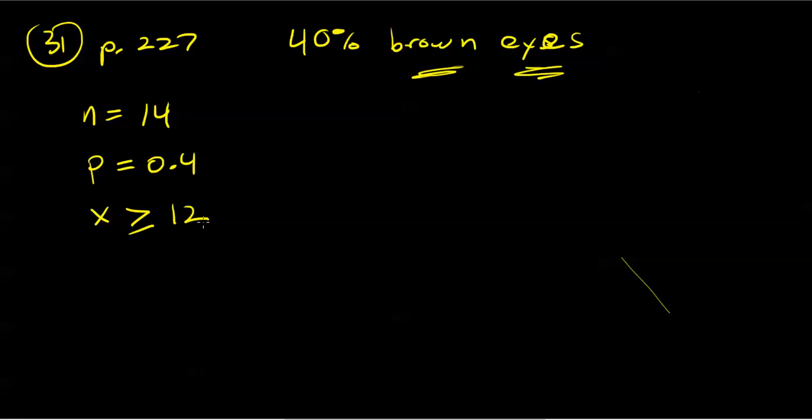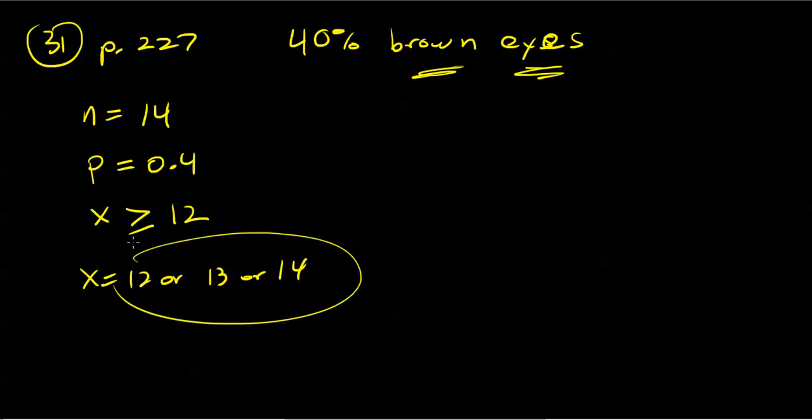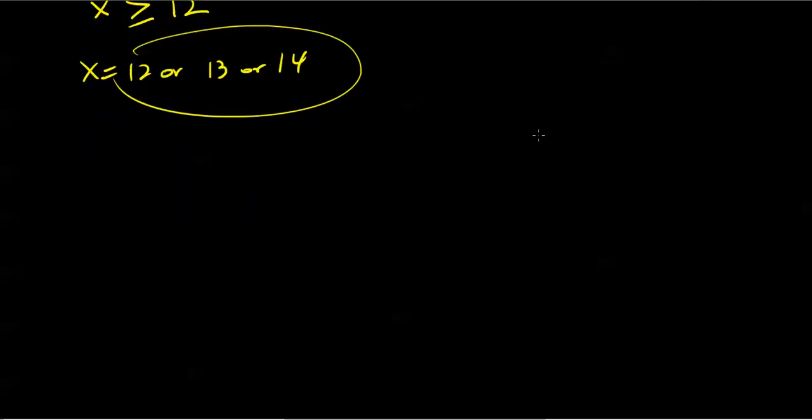That means your number of successes is going to be 12 or greater. That means X is 12 or 13 or 14. So you guessed it, you have to grind out your binomial PDF formula for 3 different values of X and add them up. Okay?